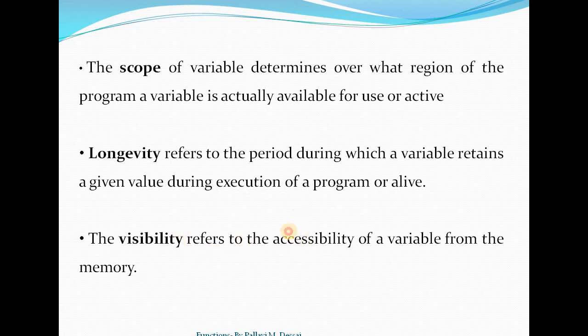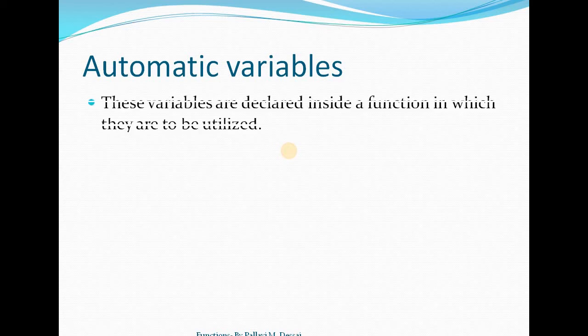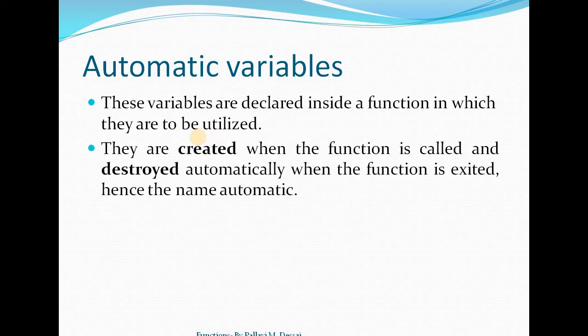Next we shall see the first storage class, that is automatic variables. We have already used these automatic variables. We shall see what it is. These variables are declared inside a function in which they are to be utilized. They are created when the function is called and destroyed automatically when the function is exited, hence the name automatic.